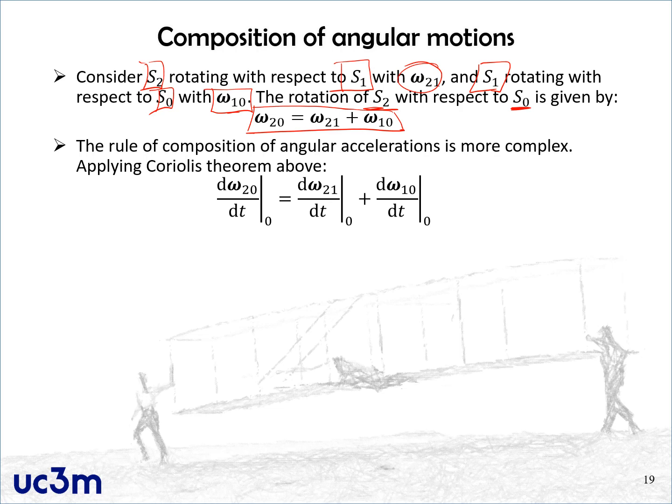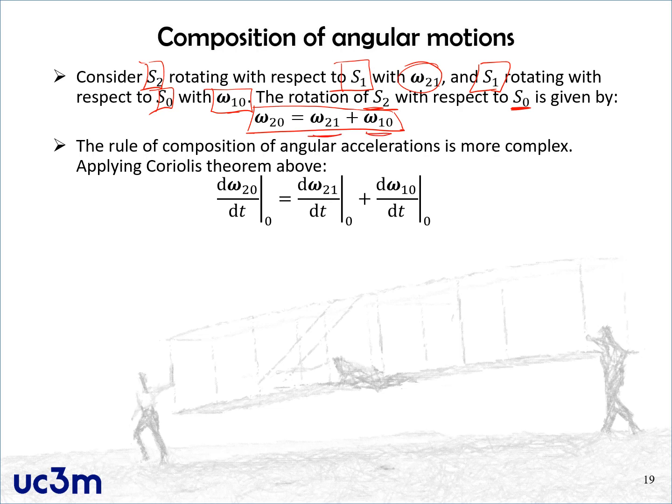This can be proven as an exercise if you write down the transformation relations for the vectors of basis 2 with respect to the vectors of basis 1, and similarly the relations for the vectors of basis 1 with respect to the basis 0, and you take derivatives there to find the angular velocity vectors. You should find omega-2,1 and omega-1,0.